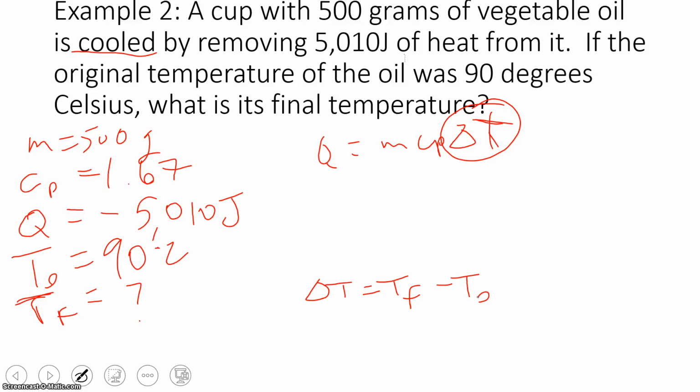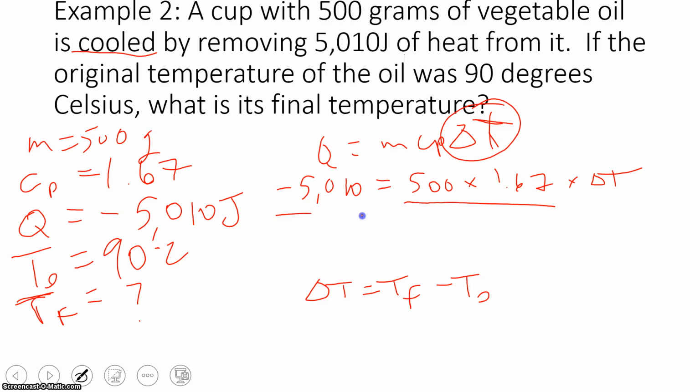So Q is negative 5,010. Mass is 500. Cp is 1.67 times delta T. Then we'll just divide by these things and we'll get what delta T is equal to.